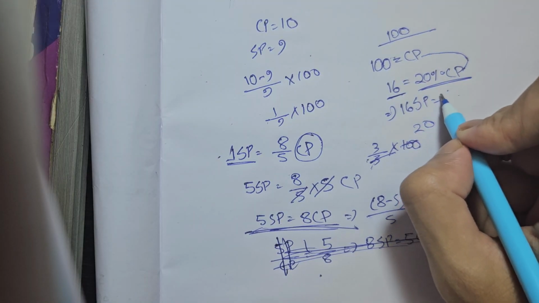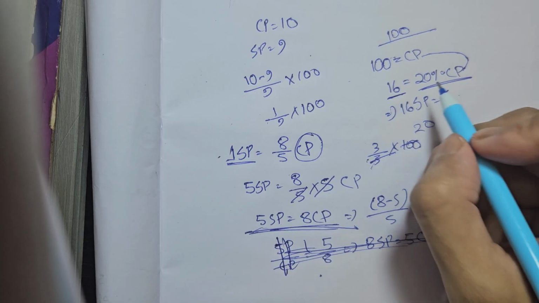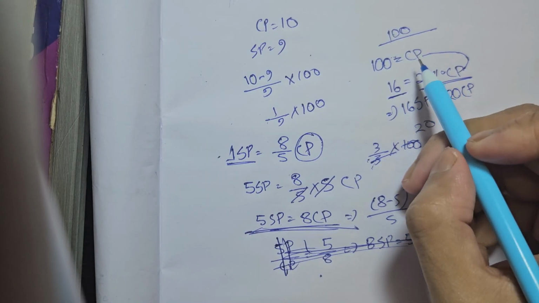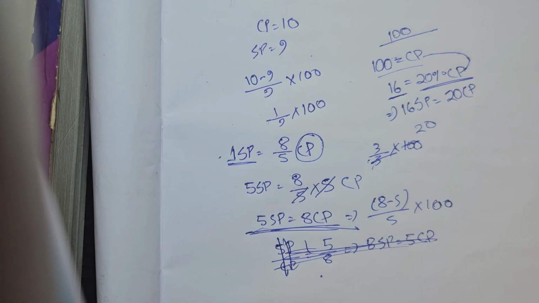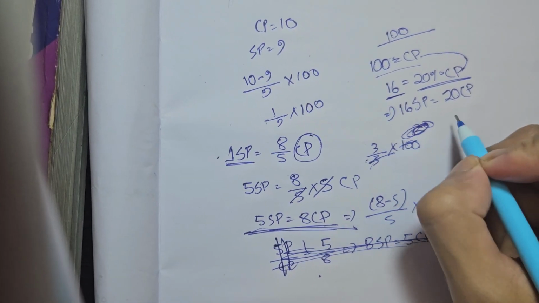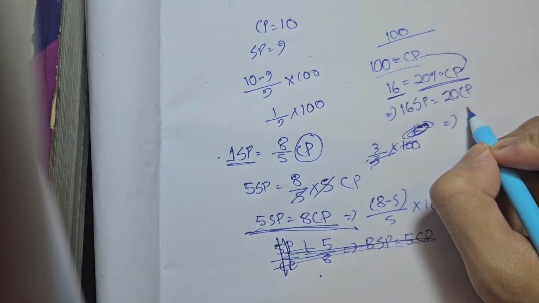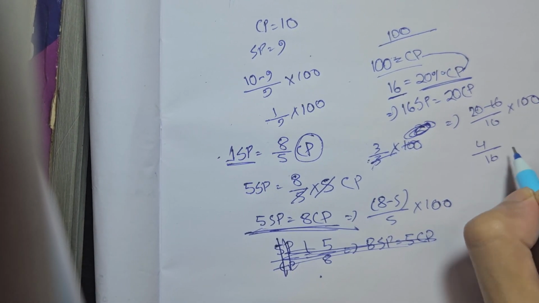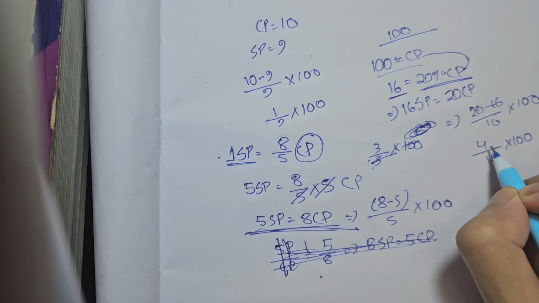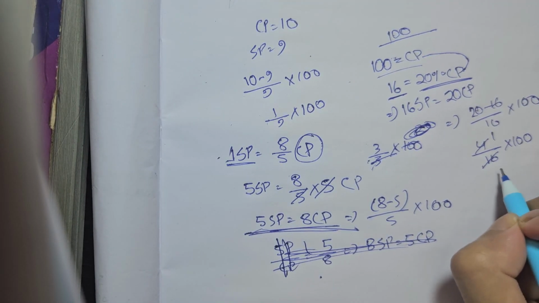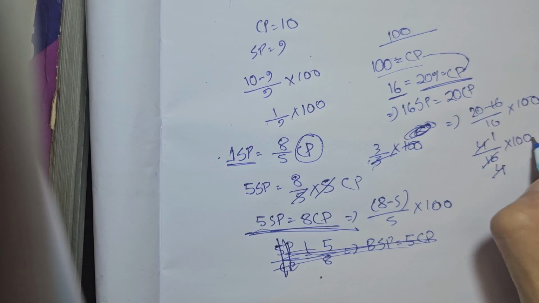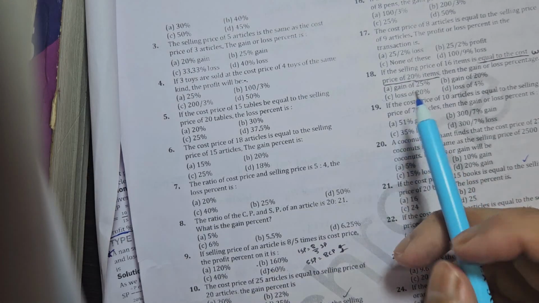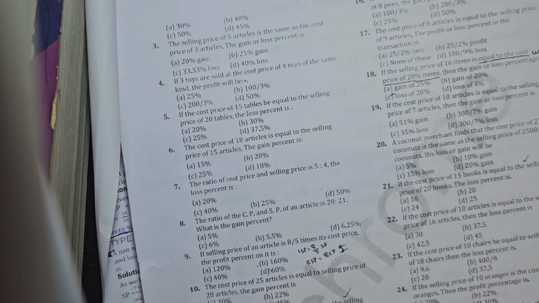Sorry, 20% of CP is 20, right? Because 100's 20% is 20. So it is going to be 20 minus 16 by 16 into 100. It is 4 by 16 into 100. So it is going to be 1 by 4, 25%. So it would be a gain of 25%, right?